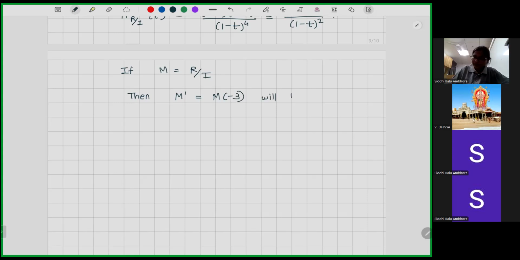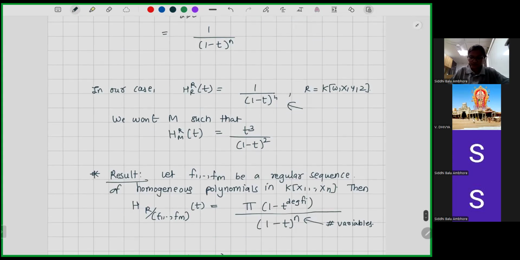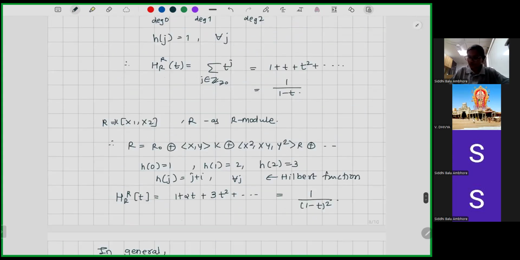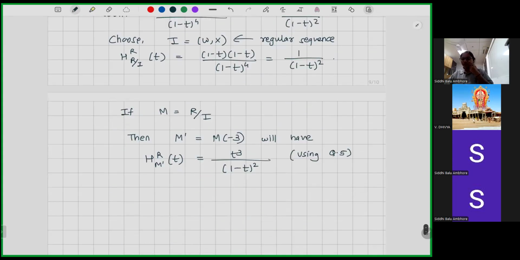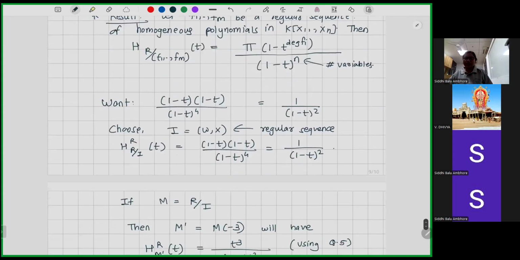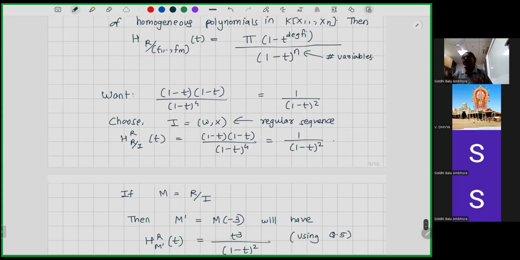will have Hilbert series t cube by (1 - t) square, using question 5, I guess. Yes. And this is a free module because I is generated by two variables.